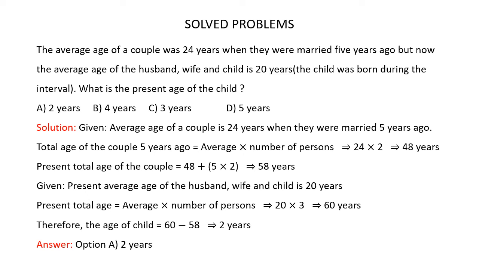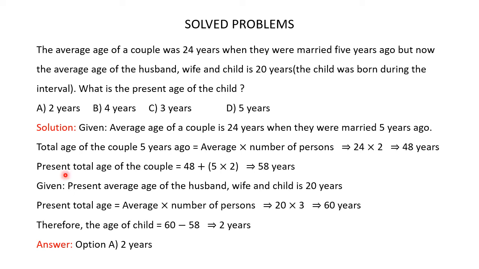Now it's given that the average age of the couple was 24 years when they were married 5 years ago. So the total age of the couple 5 years ago is equal to average multiplied by number of persons, which is 24 multiplied by 2, that is 48 years. So total age of the couple 5 years ago was 48 years.